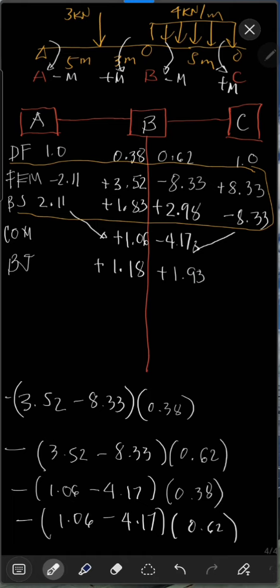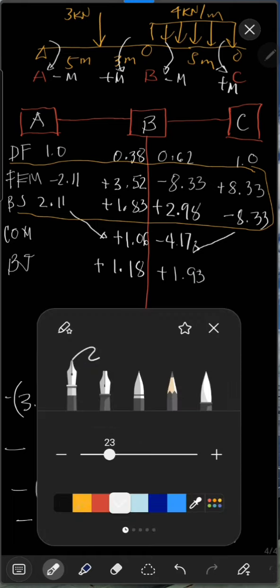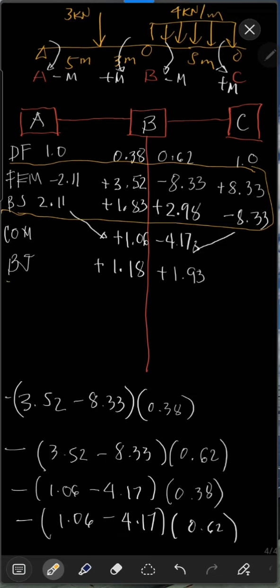Okay, so that was the second cycle. We cannot proceed anymore, because the carryover would be zero.